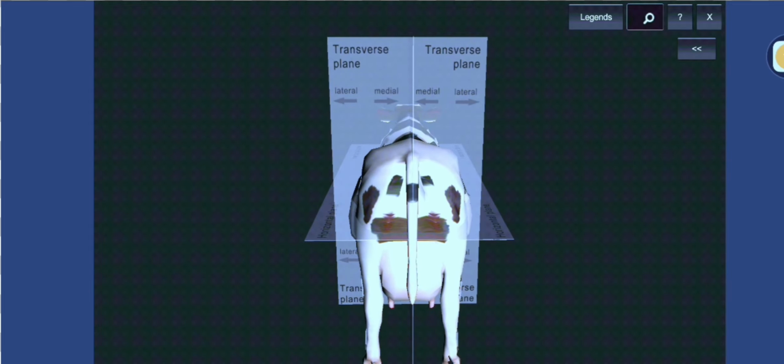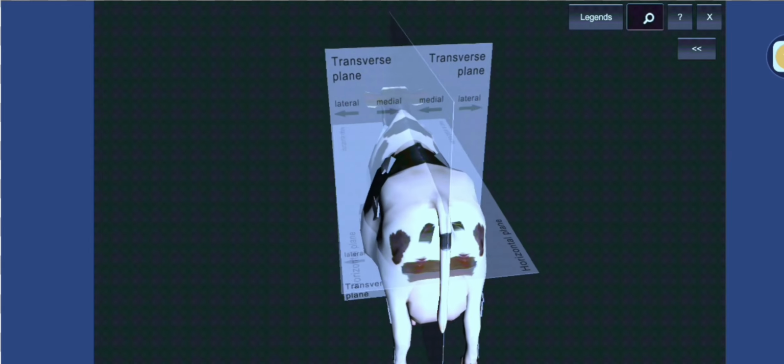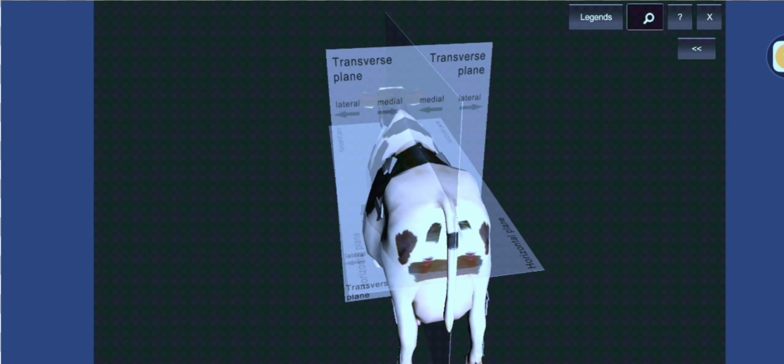We have to say near and away from the perspective of a particular point, the surface. Near the surface is lateral, away from the surface is medial. It's quite difficult to understand, so let's try to make it simple. The transverse plane has two things, lateral and medial.